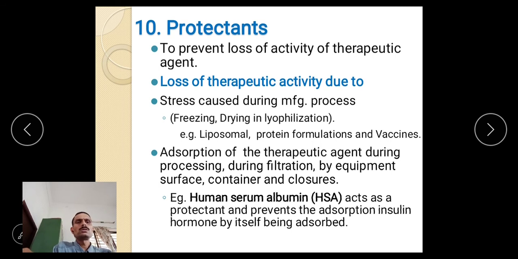So that is why we add human serum albumin. When you add it, the albumin will get adsorbed rather than insulin, so there won't be any loss of product. So the protectant for insulin drug is human serum albumin.